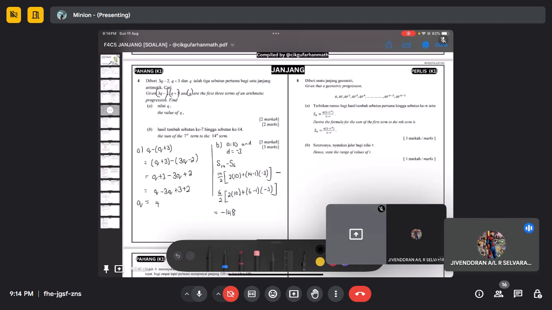Then you can just substitute into the formula with the information you have, where a equals 10 and common difference negative 3, then you will get the answer negative 148. That's the answer.